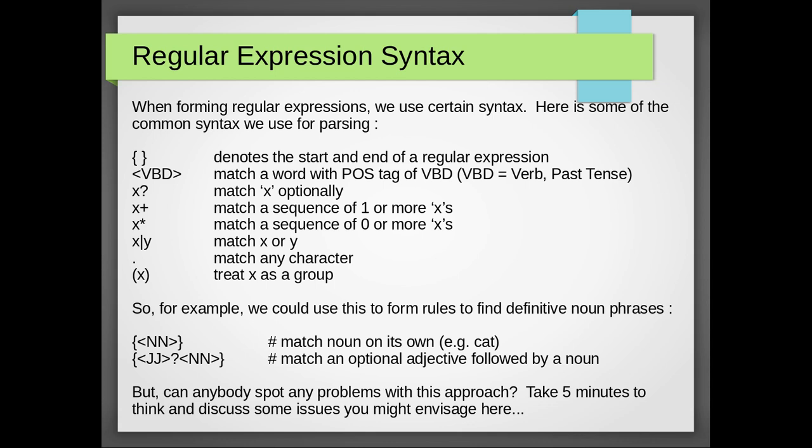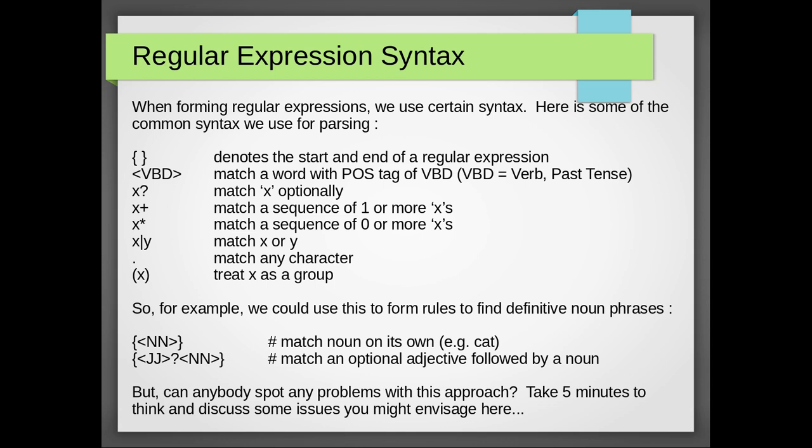We use the full stop to match any character, and the normal brackets, parentheses, to treat whatever is in X as a group. So, for example, we could use this kind of syntax to find definite noun phrases. As we've seen previously, a noun phrase can just consist of a single noun, which is obviously the head noun as well.